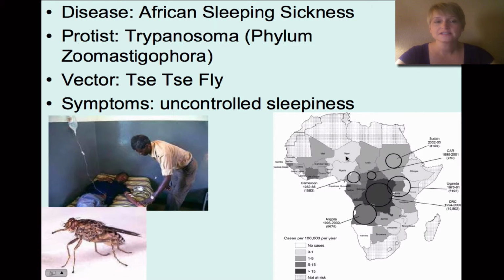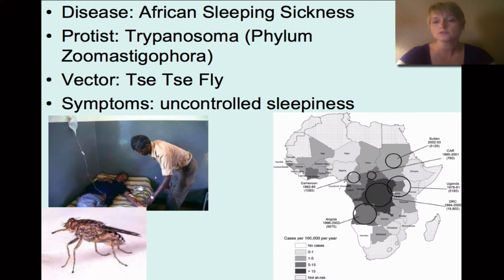All right, the next disease is African sleeping sickness, and this is caused by a protist called trypanosoma, and it's in the phylum Zoomastigophora. I'm going to trip over that word a little bit. And the way that it's transported is through the tsetse fly. And so this fly will bite people, and it will pass on this protist, and this builds up in the bloodstream, and it actually causes uncontrolled sleepiness.